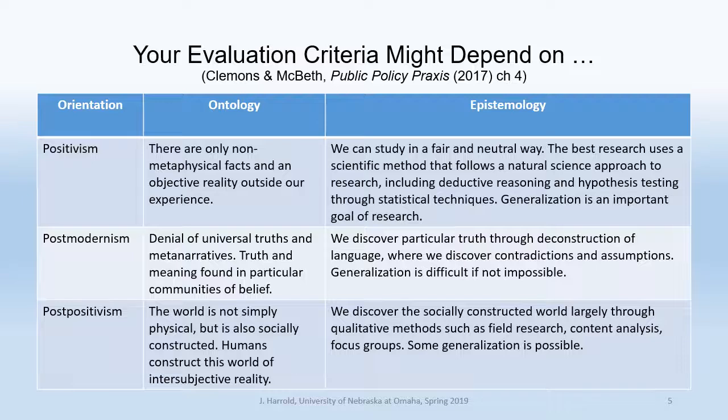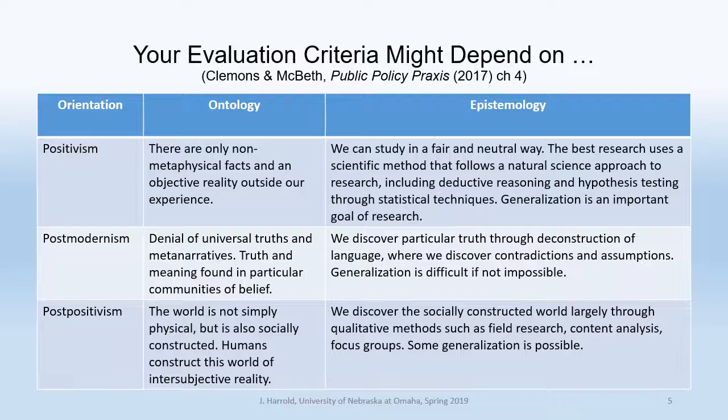We have 3 simplistic orientations: positivism, postmodernism, and postpositivism. The basic ontology in positivism is that there are really only non-metaphysical facts, and we can find an objective reality outside of our own experience.